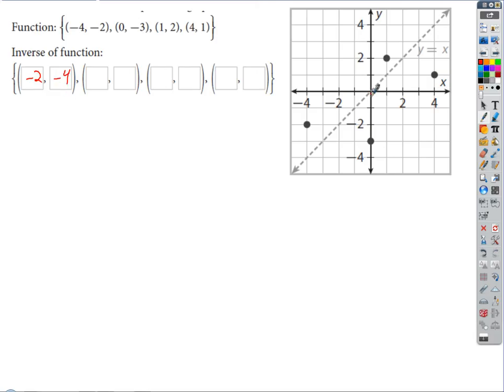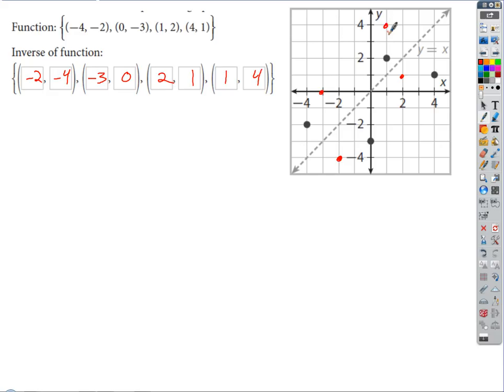Let's graph that. So negative 2, negative 4 is right there, correct? Okay, what's the next one? Negative 3, 0, so that's right there, right? Next one? 2, 1. So over 2, up 1, and 1, 4. So we go over 1, up 4.